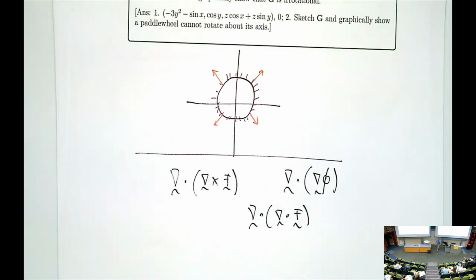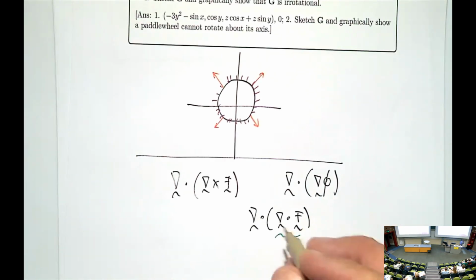Div F? Does it even make sense? The first question is, does it even make sense? If not, why not? This gives you a number, a scalar, and then you're dotting it with a vector.